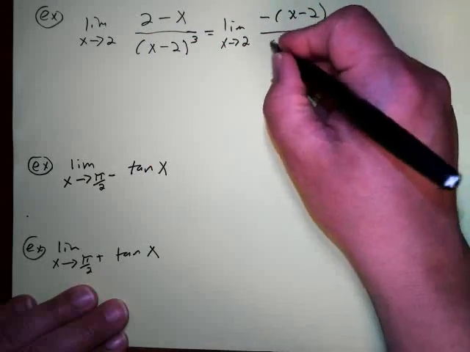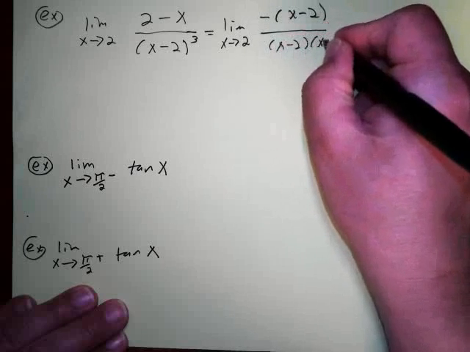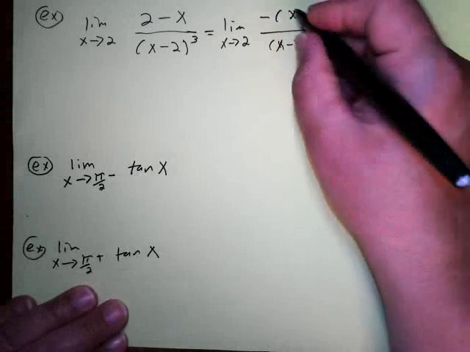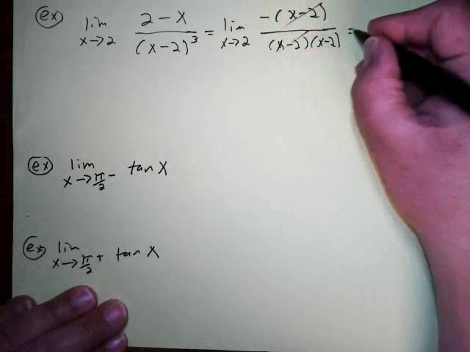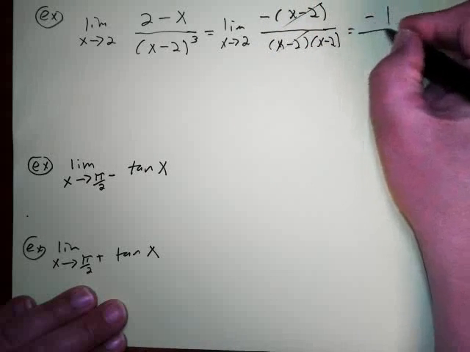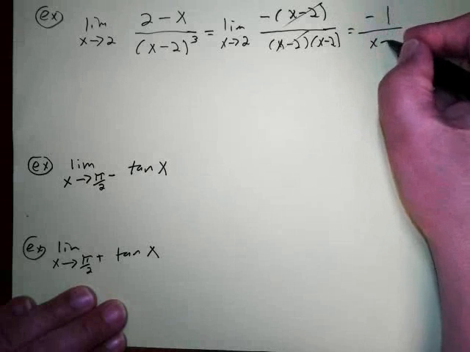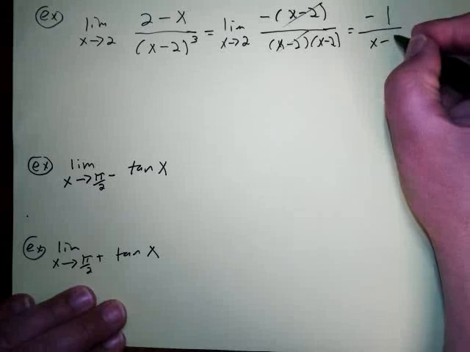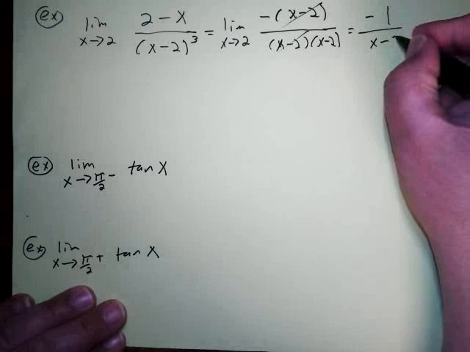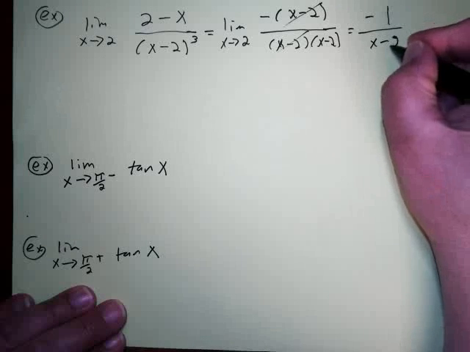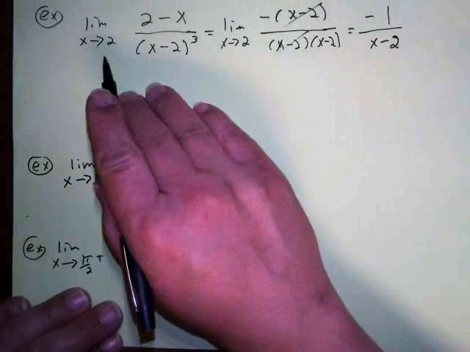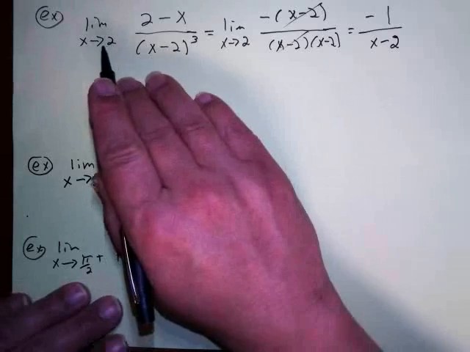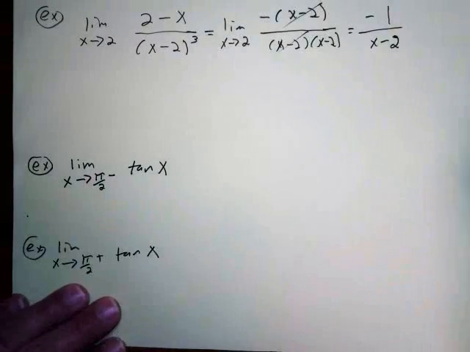And then here, this would be x minus 2 times x minus 2, right? And then this would cancel out one of those, and you'd be left with negative 1 over x minus 2. And so then, as you go to, well, let's look at it.